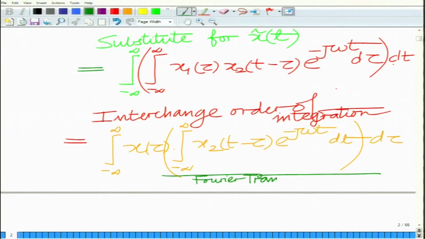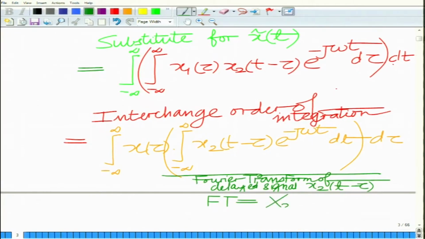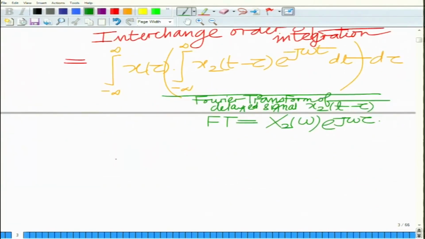So this is the Fourier transform of the delayed signal x2 t minus tau, which is X2 omega e raised to minus j omega tau.